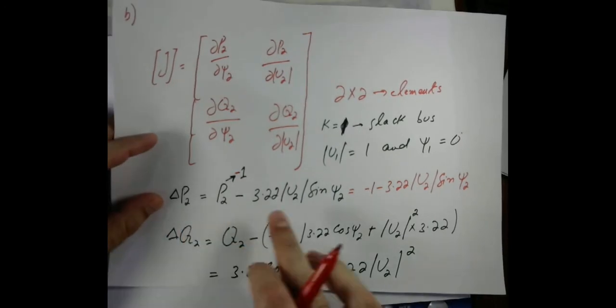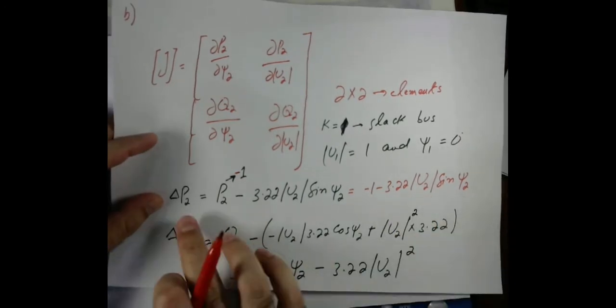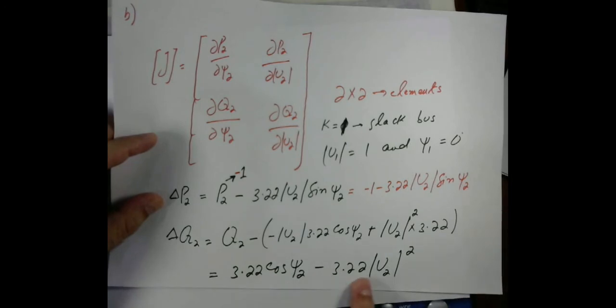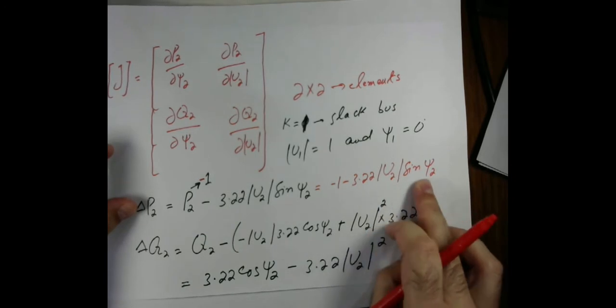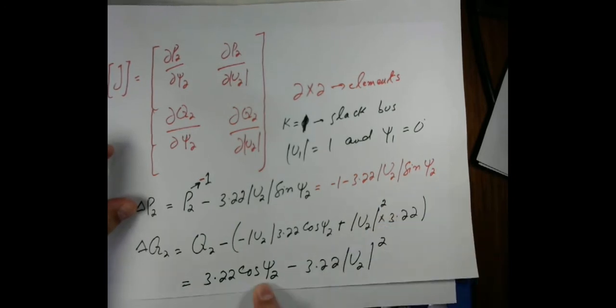So the next step is to find, as we have already discussed, the power mismatch: delta P2 is equal to this one and delta Q2 is equal to this expression. Now for calculating the power mismatch, we should know the magnitude and the angle of the voltage.